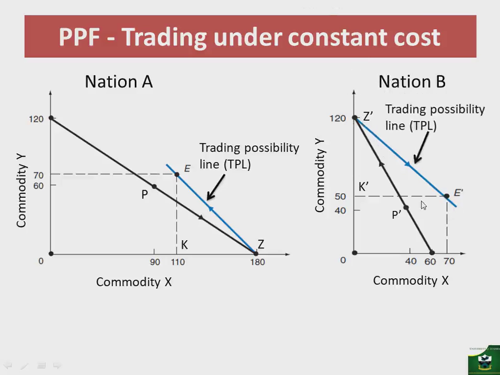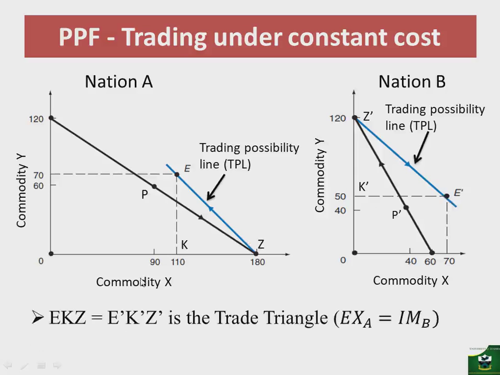It also shows us how many units of commodity Y nation B has exported and how many units of commodity X nation B has imported, which is 70 units of Y exported and 70 units of X imported.